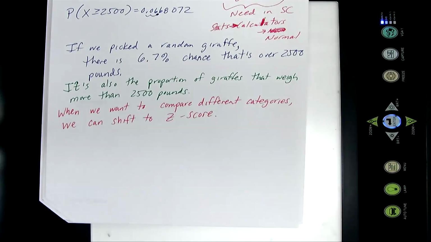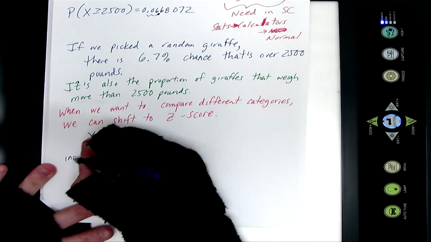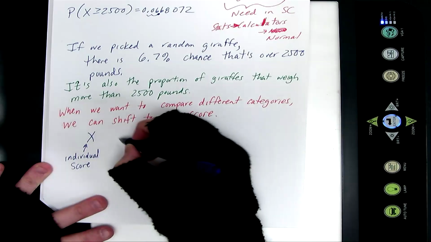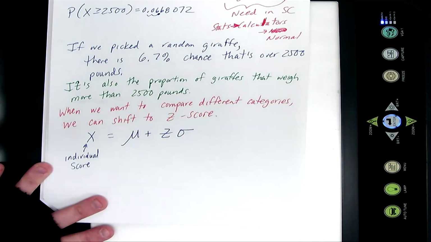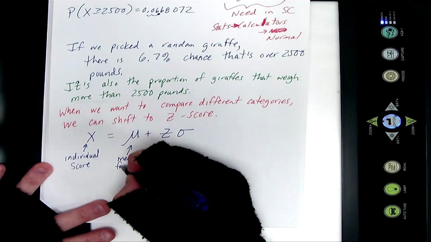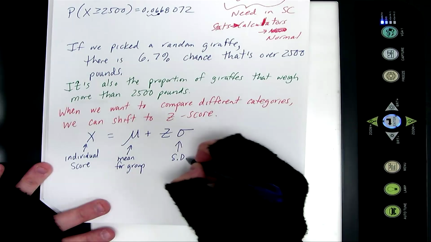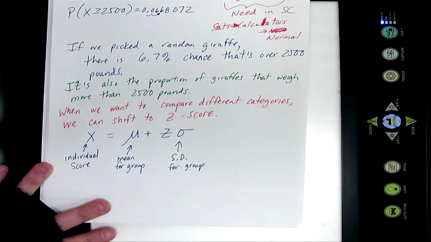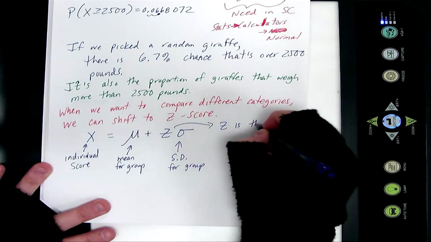So that's like starting with any particular X value, which is the individual score, equals mu plus z times sigma. That's the mean for the group, and that's the standard deviation for the group, which means z is the number of deviations away from the mean.